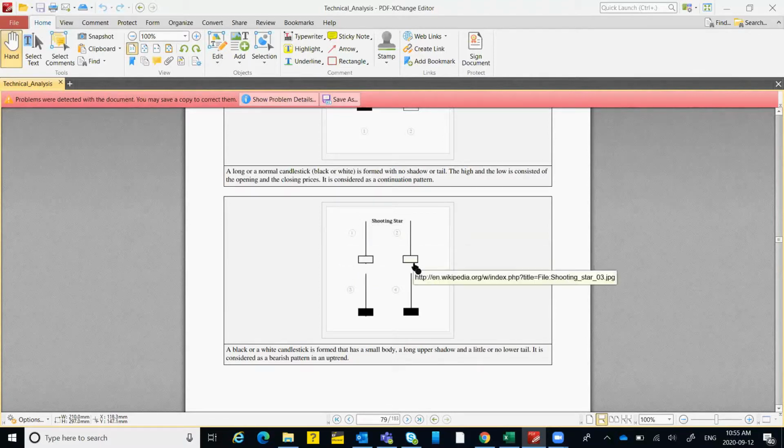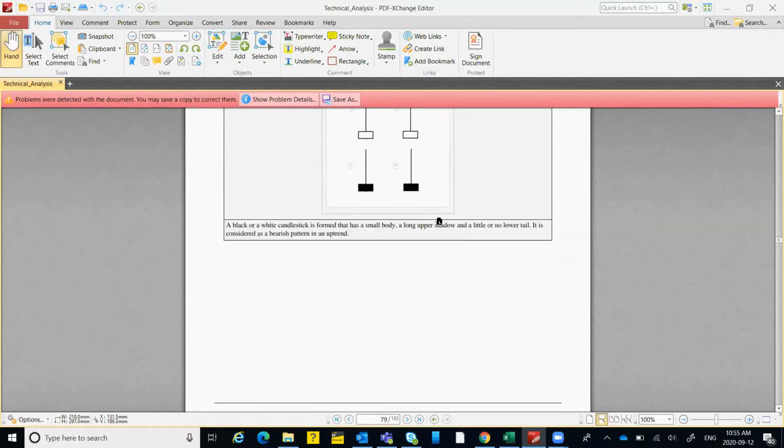Now this candle, you can look at on a daily chart, you can look at on an hourly chart. So if after 1 hour you saw this candle form, then in the coming hours or coming minutes, you may see the price start going down. So it depends on which chart you have chosen, in which time frame, daily, hourly, weekly, monthly, whatever you choose, the analysis remains the same.